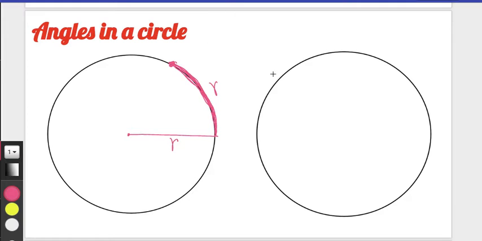So in this other angle measurement, the space covered by the length of the radius is called 1 radian. And this space is called 1 radian.